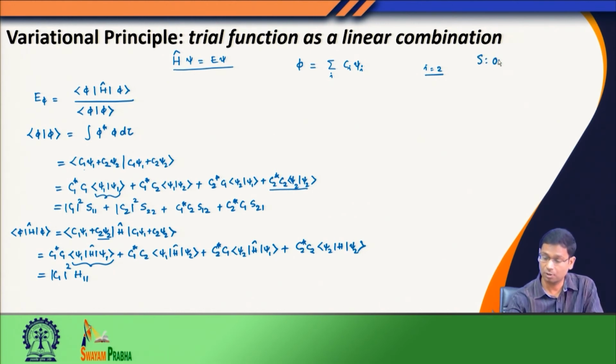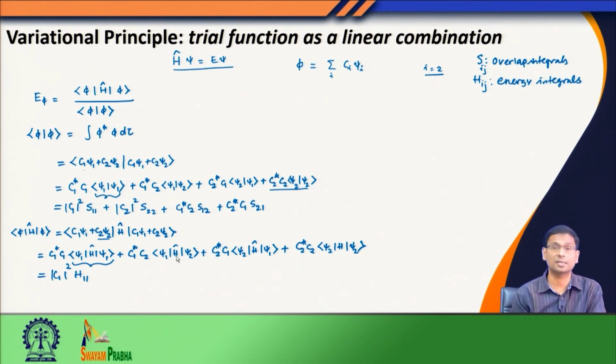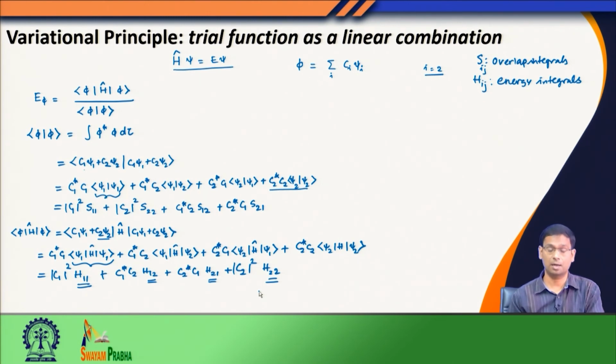So, S are called the overlap integrals, and the H i j are called the energy integrals, because here the operator is the Hamiltonian. Similarly, I have C 1 star C 2 H 1 2 plus C 2 star C 1 H 2 1 plus C 2 square H 2 2. Now, H 1 1, H 1 2, H 2 1, H 2 2 all, in principle, I can obtain. Why?